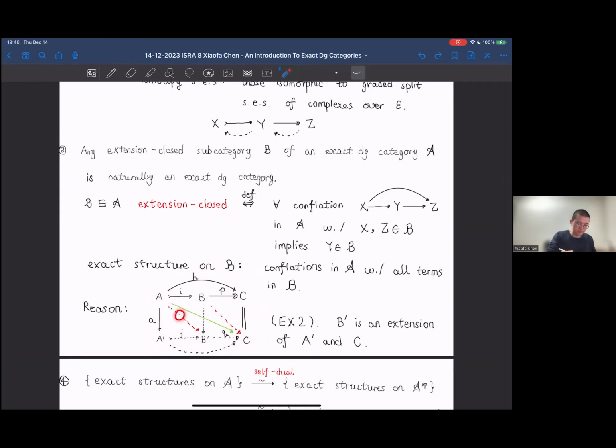Now, because this morphism is an inflation, and this object is a homotopy short exact sequence, this will be a conflation in A. And because A prime, A, B, and C are all in B, in particular these two are in B, so B prime also lies in B. So this says that axiom EX2 also holds in B.